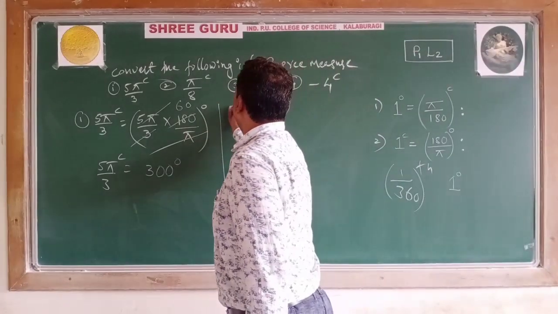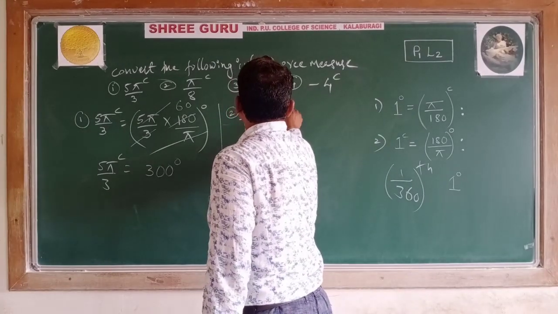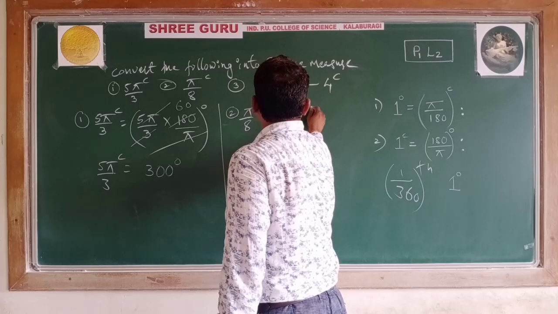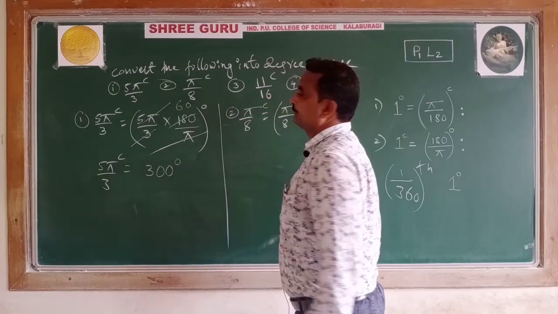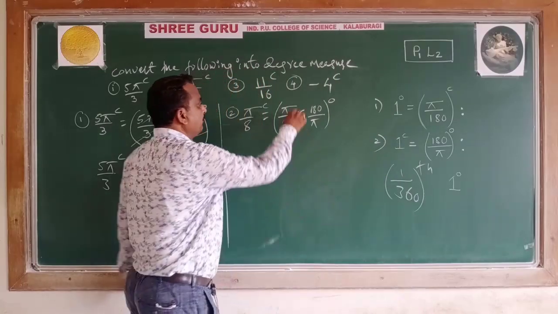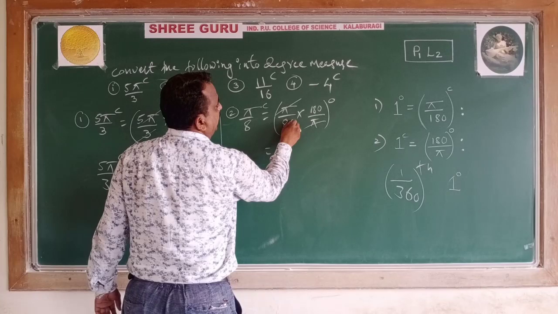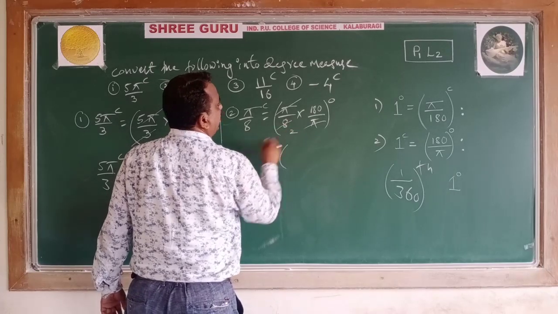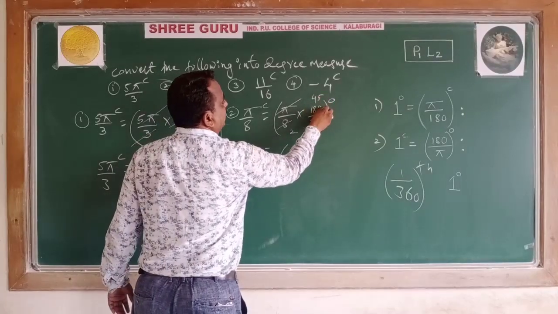Come to the next example, pi by 8. To convert pi by 8 in terms of degree, multiply the given angle by 180 by pi. Pi and pi get cancelled. 4 twos are 8, 4 fours are 16, 2 remains, 4 fives are 20.